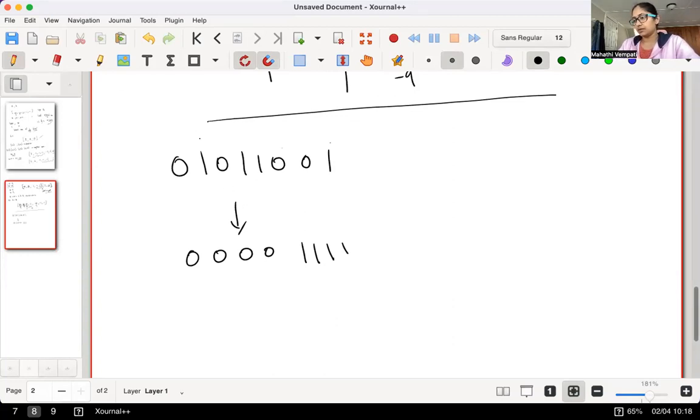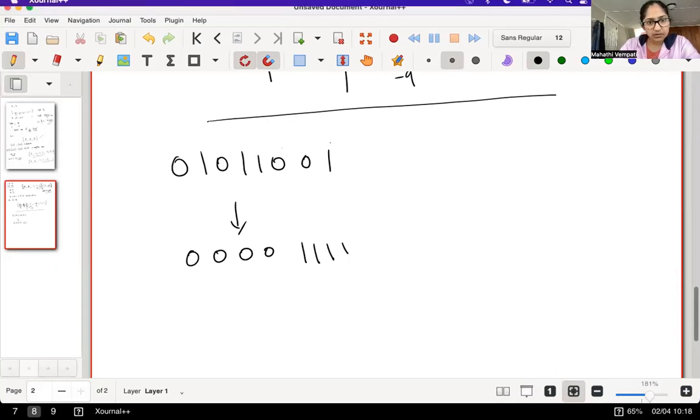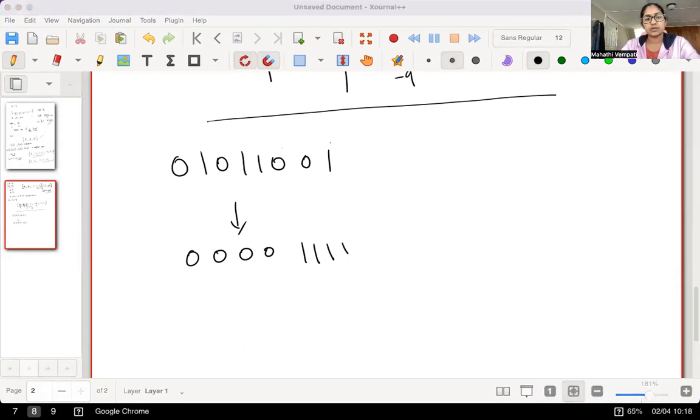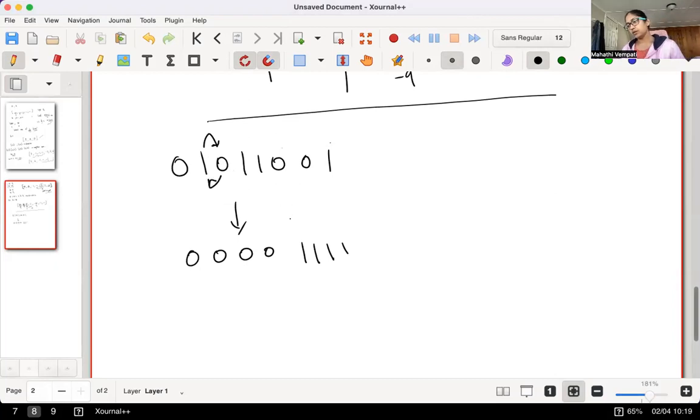The only ways you can do it is you can perform swaps, and swaps are only between consecutive elements, or you can remove elements. You can make it this, or you can make it any substring of this.